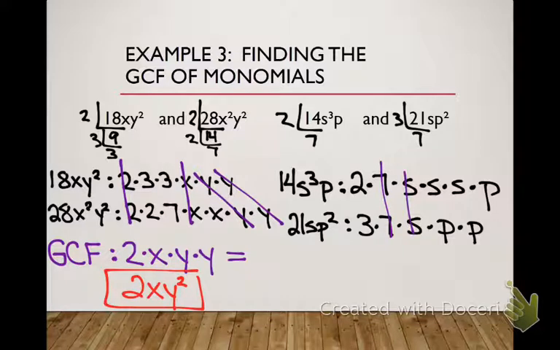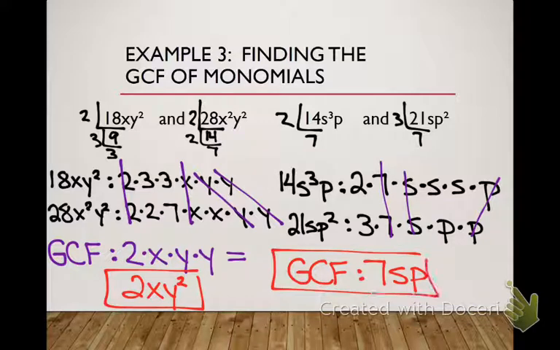7, s, p. All right, so really, can I just write my GCF? I don't have to write the multiplication part. I mean, it's pretty obvious because there aren't any repeated factors that my GCF is going to be 7sp. Okay. So, you know I just said you need to write the expanded form, and I know that part is important, especially when you have things repeating.